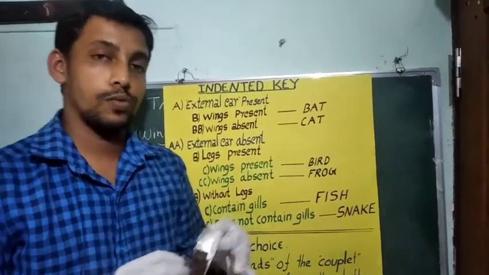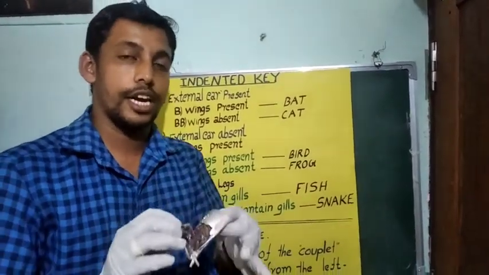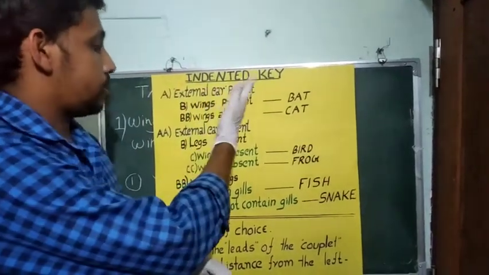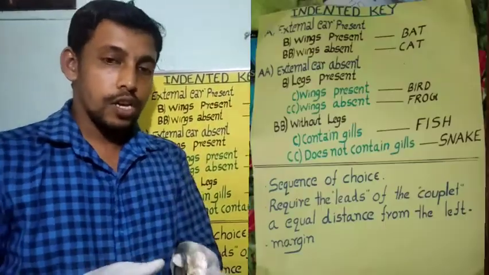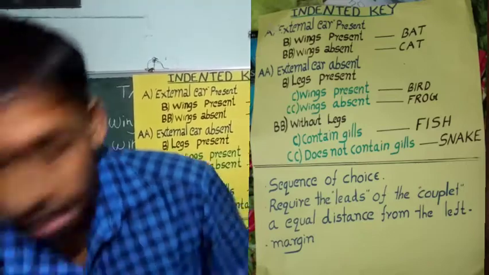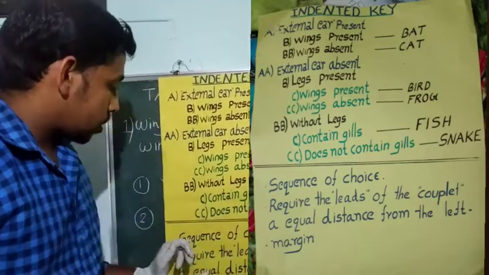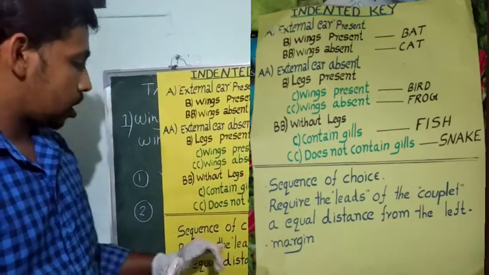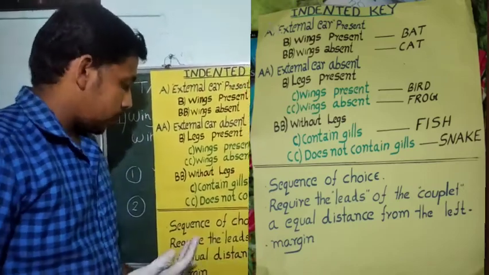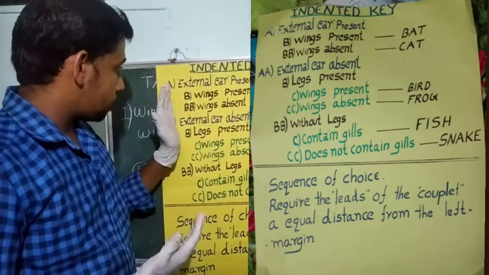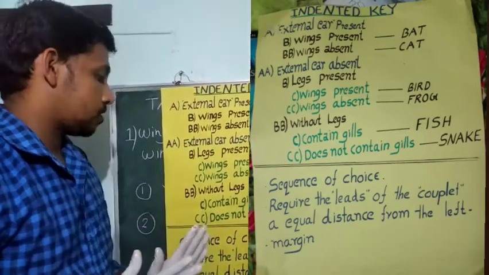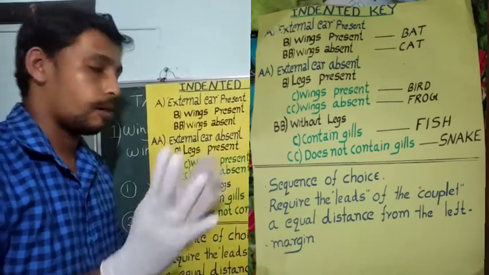So the animal is a fish. I have identified this animal by using the indented key. The characters are the sequence of choice, and it requires the leads of the couplet at an equal distance from the left margin.